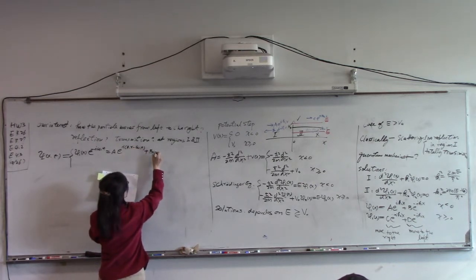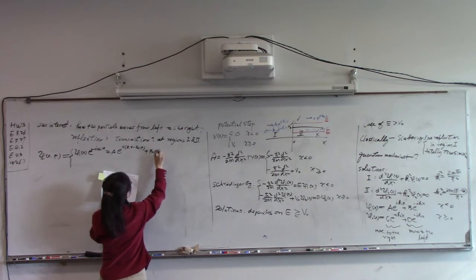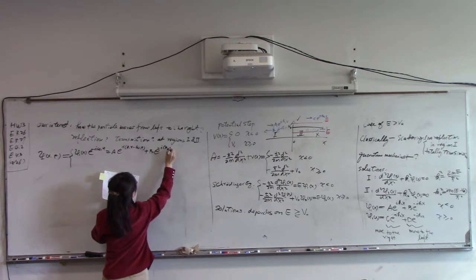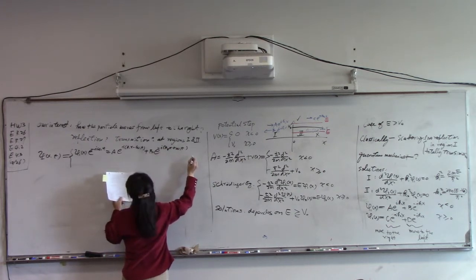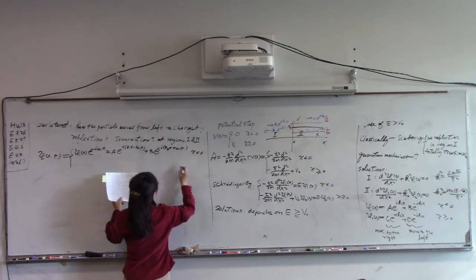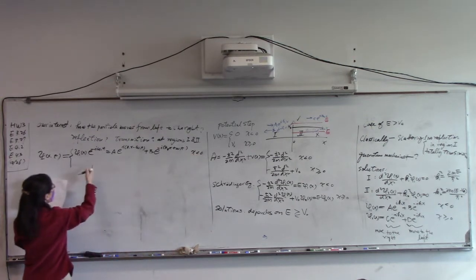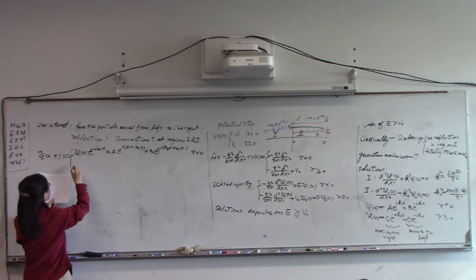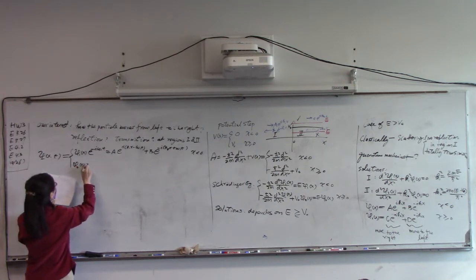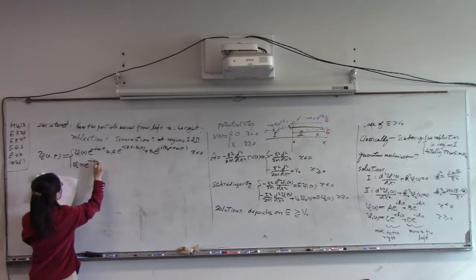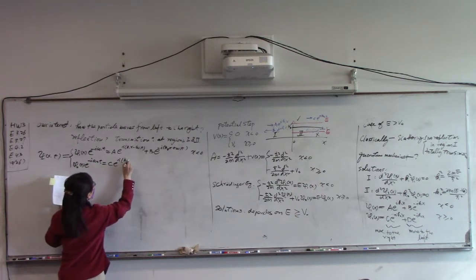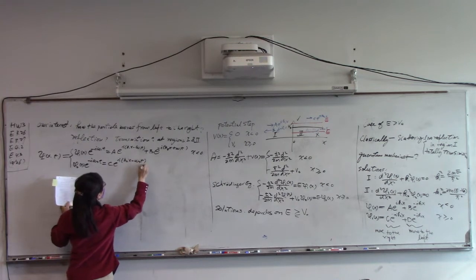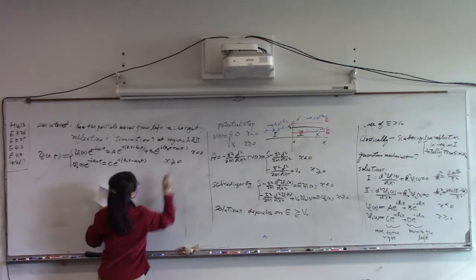And in region 2, we have C e^{i(k2x - ω2t)}, which is going to be positive.